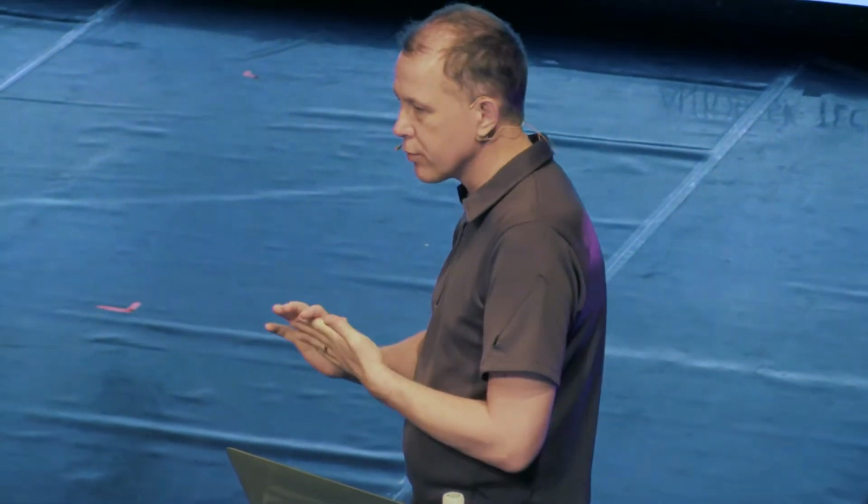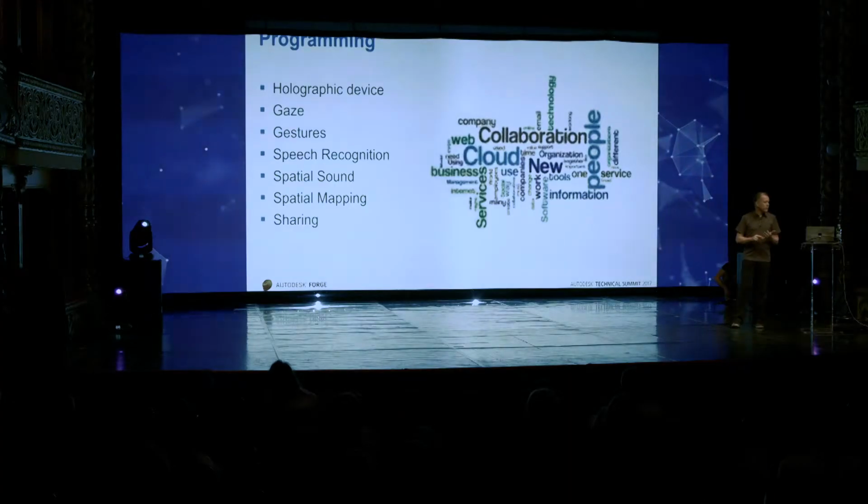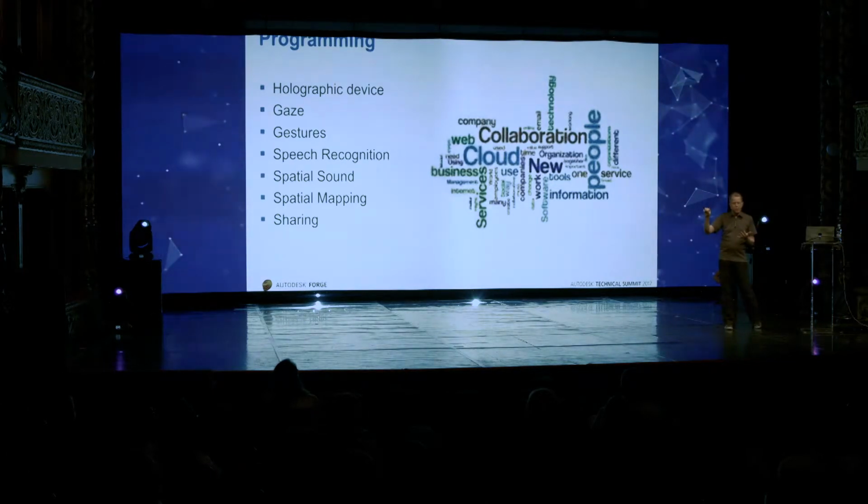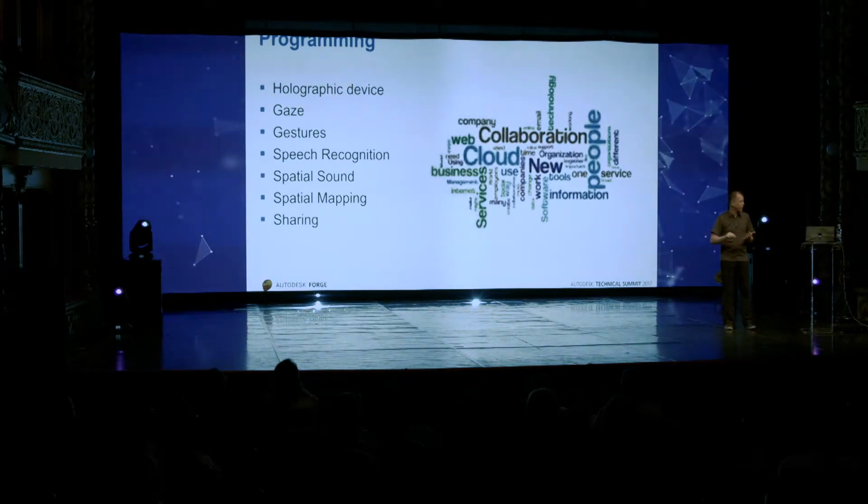But what does collaboration mean? Here we are going to use, for this programming experiment, the holographic device, the HoloLens, and we're going to use all these different features from the device. So gaze, which has a cursor. Microsoft calls that a gaze, but it's a cursor that you're going to move on your model.